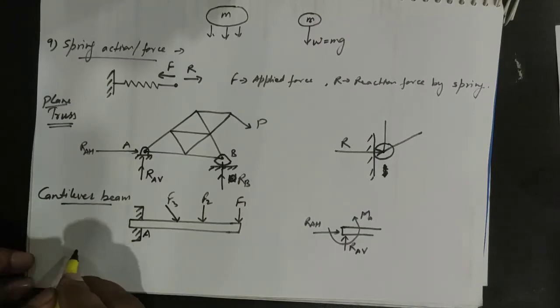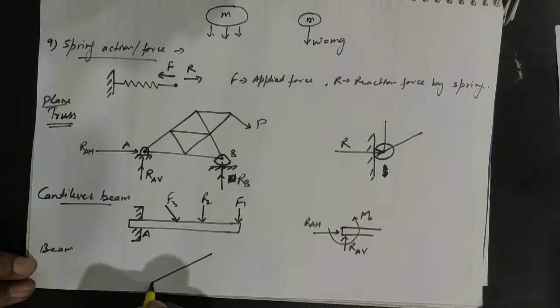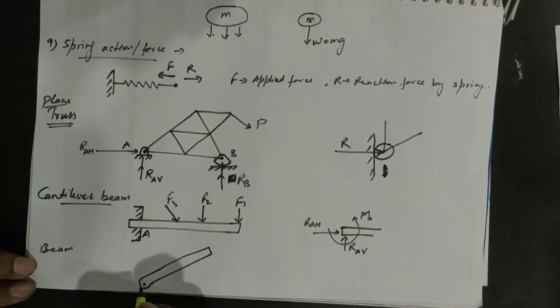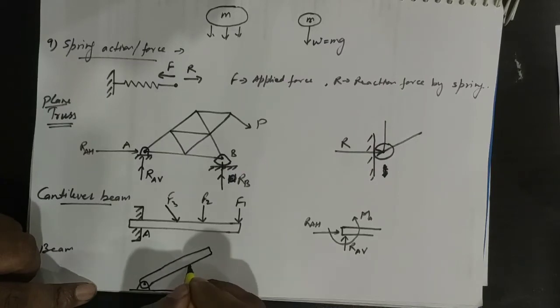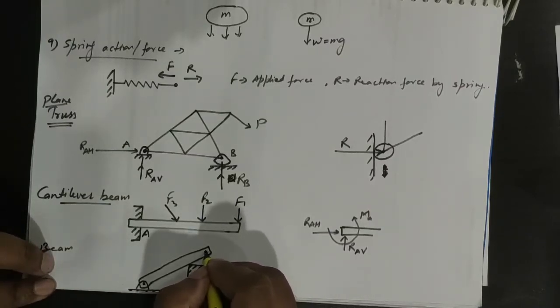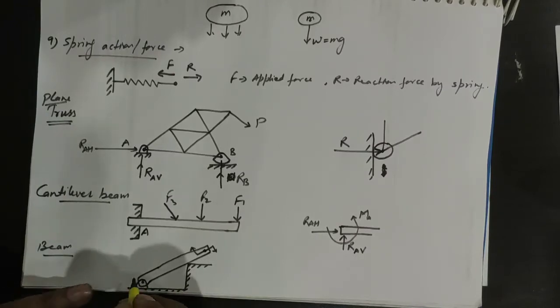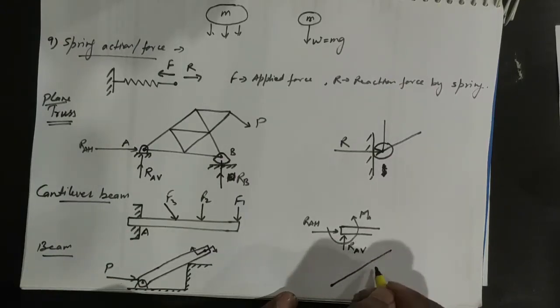Fourth problem: if we have a beam like this, hinged at that point, and it is suffering the external load P as well, then the free body diagram for this beam will be as follows.